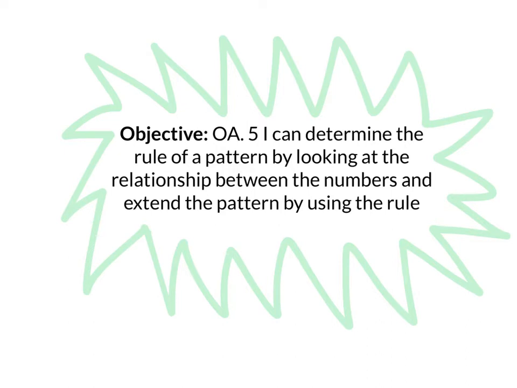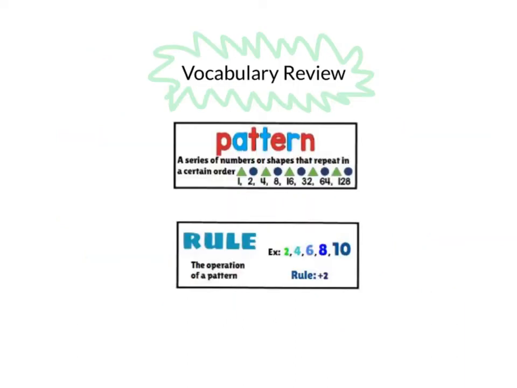The first is finding the rule, which would be like +2 or multiply by 3, in order to extend the pattern. This is our second really important part of our objective. So we'll be able to do two different things: determine the rule and extend the pattern.